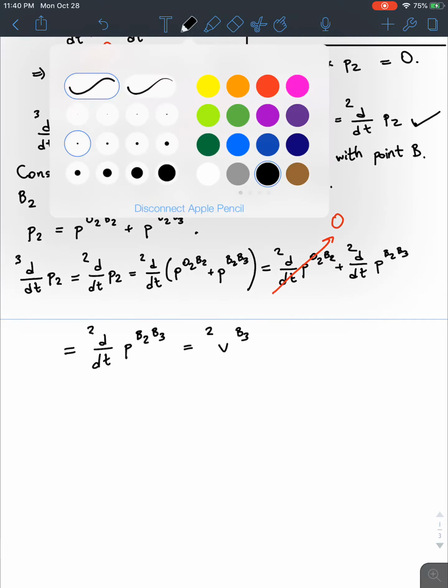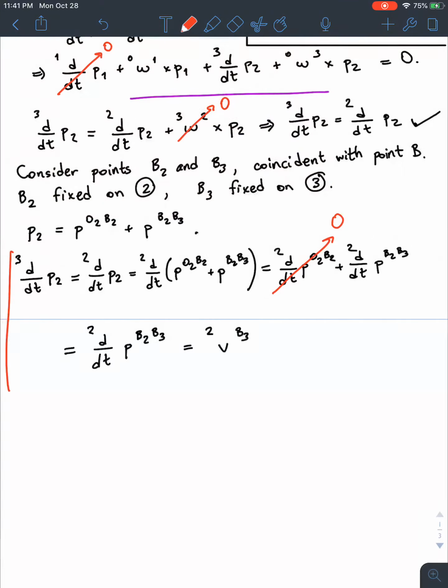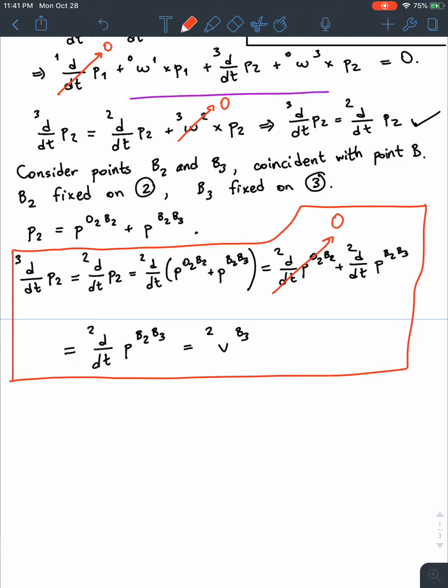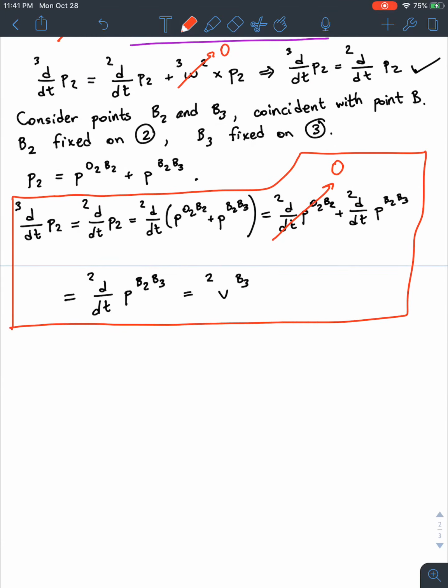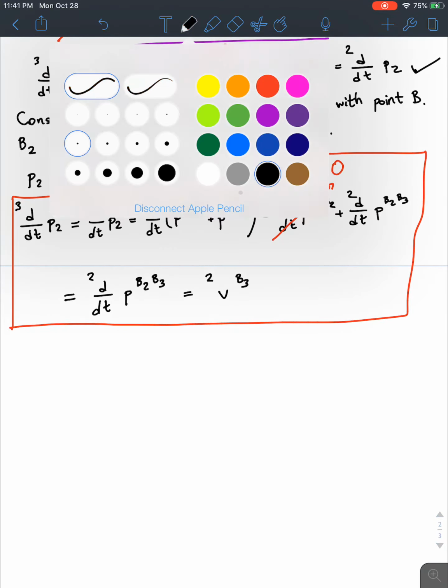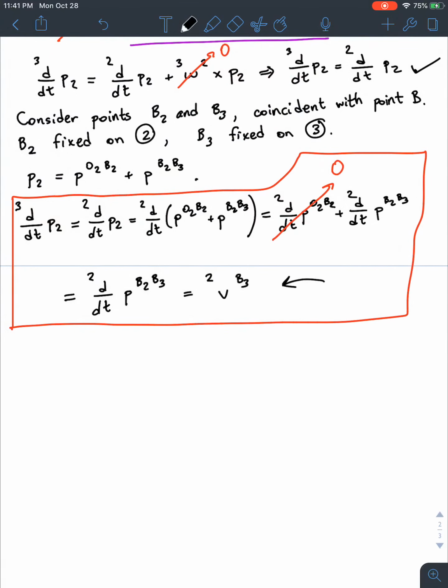So, long story short, this is what I got confused with in class. Essentially, what I forgot to do first is this derivation. If I did that derivation first, I wouldn't have been confused. But anyway, now we can use this idea, right? That the derivative of the vector p2 in the third frame is equal to the velocity of the point B3 in the second frame.